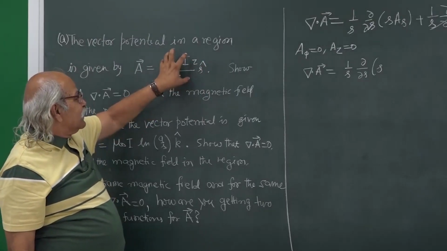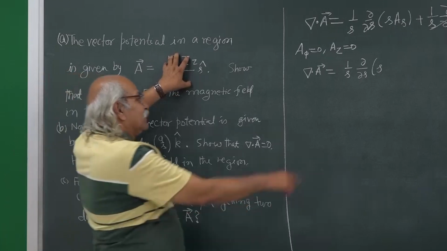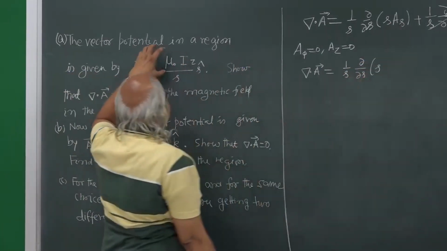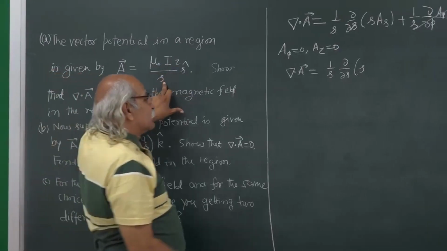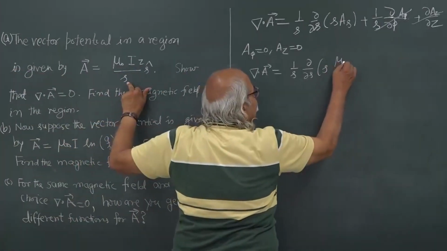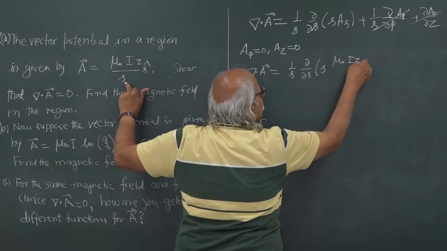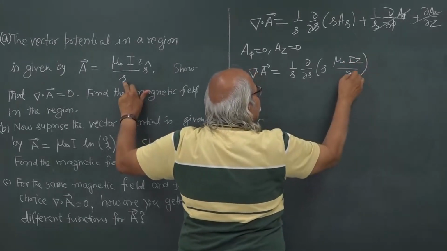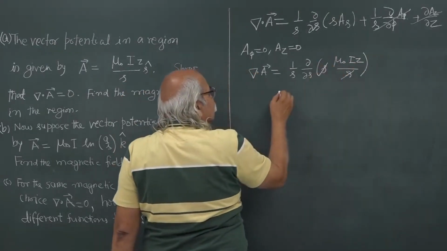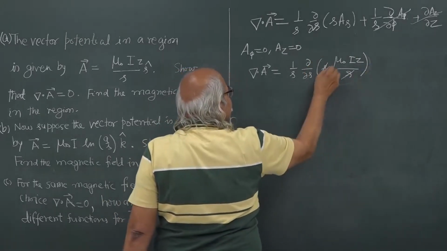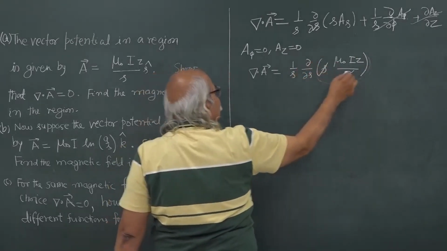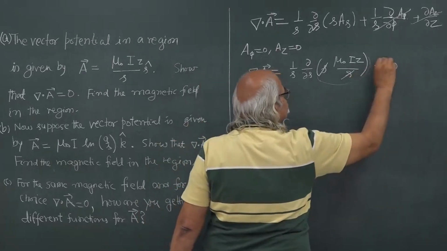So, that we will write mu naught I z by S. So, it is mu naught I z by S, and now this S cancels and then it becomes independent of S, and therefore, the differentiation will be 0 and therefore, this is 0.